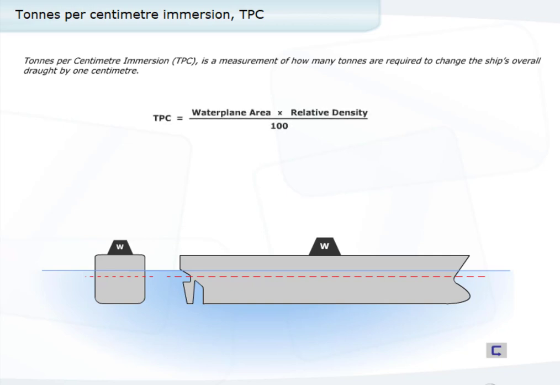The formula to calculate TPC is the waterplane area times the relative density of the water, all divided by 100. This can then be used to calculate the sinkage or rise when the ship loads or discharges a weight by dividing the weight loaded or discharged by the TPC.